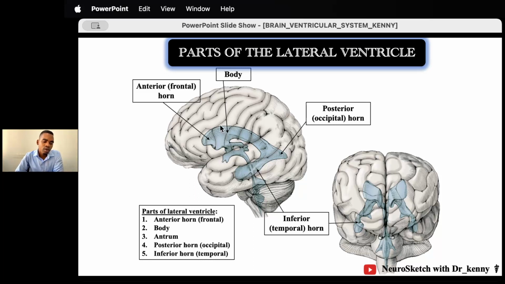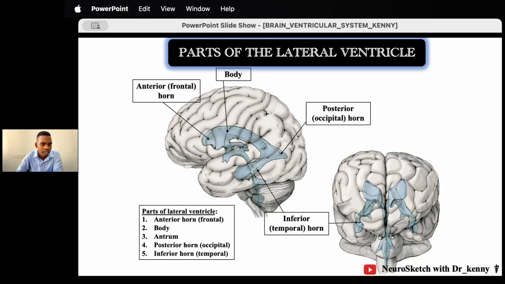Okay, so we have got the anterior horn, we have posterior horn, and the inferior horn. But these horns, they are present in different lobes of the cerebral hemisphere, and for that reason, they can also be named depending on the lobes that they are present.